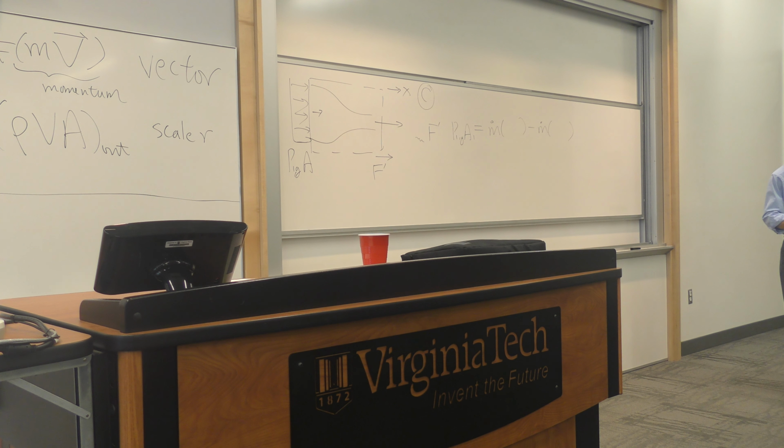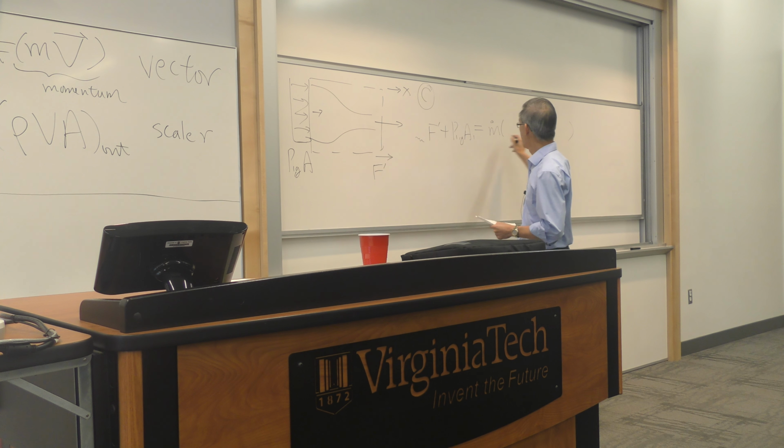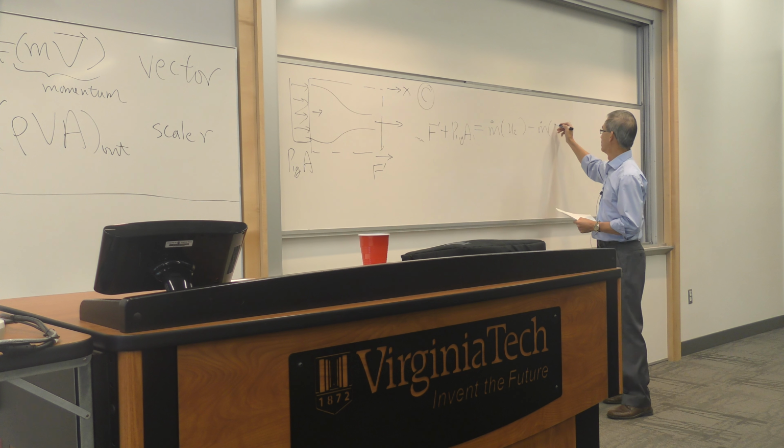Start with F prime, what sign? Positive. Why? Because it's parallel to my plus x direction, so it's positive. Pressure? Positive. Right-hand side? U2 positive, U1 positive.